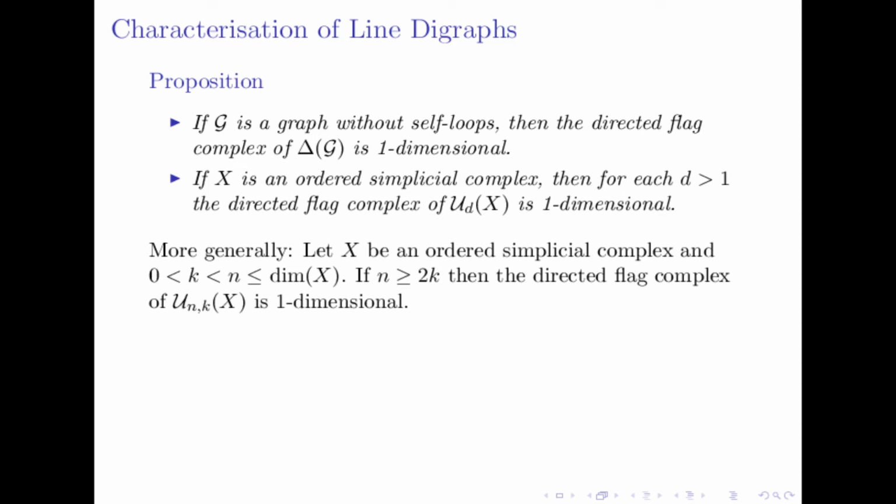In other words, the associated line digraph will not have any directed 3-cliques. If X is an ordered simplicial complex, then for each D larger than 1, the directed flag complex of the upper D highway graph is also one-dimensional. So these things are really very one-dimensional, which is kind of surprising.